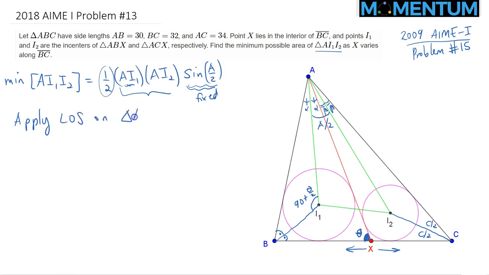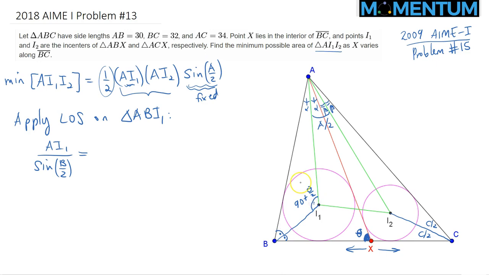On triangle ABI1, we would get for instance AI1 over sine of angle B over 2 is equal to the opposite side.